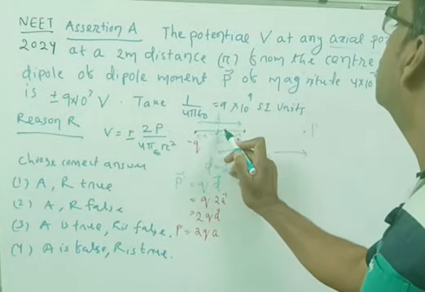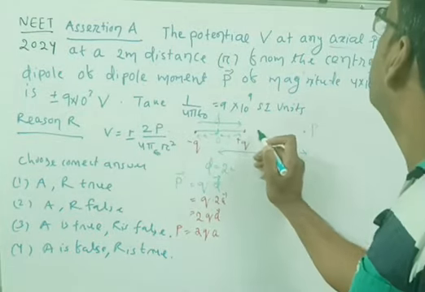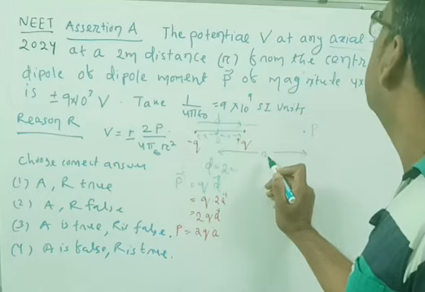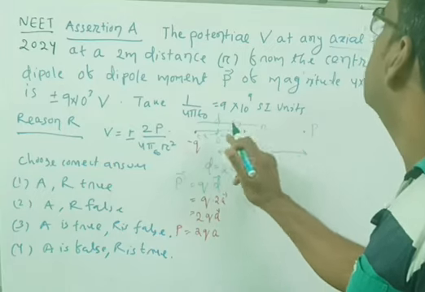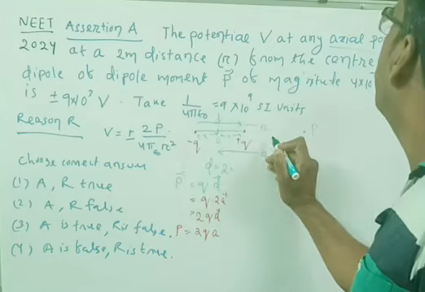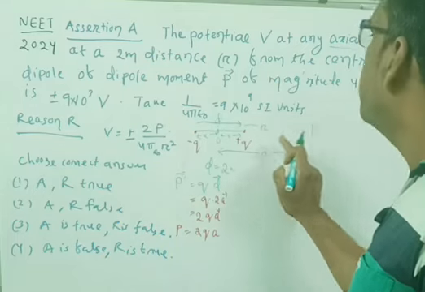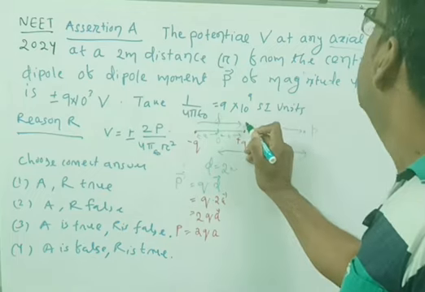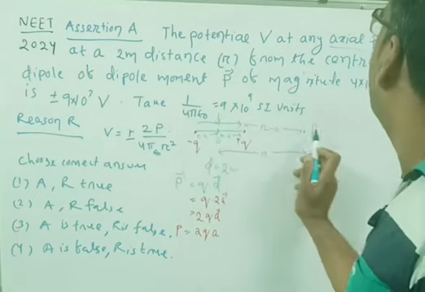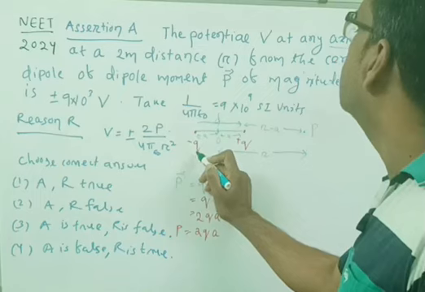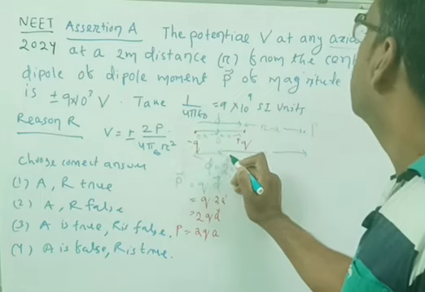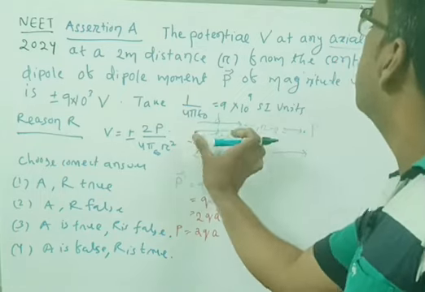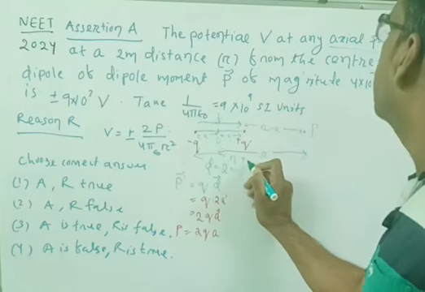So what will be this distance? This is A and this is R. So the distance of point P from plus Q is R minus A, and the distance of point P from minus Q charge is R plus A.